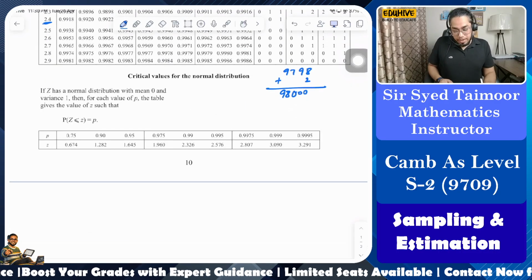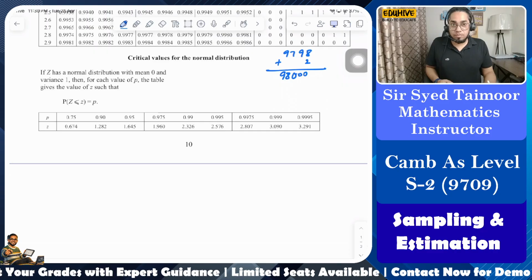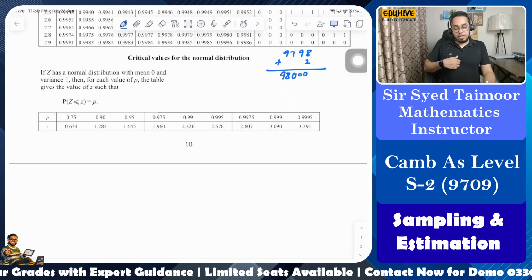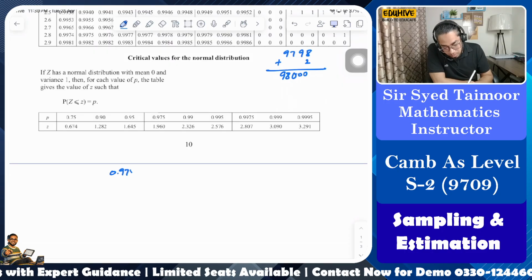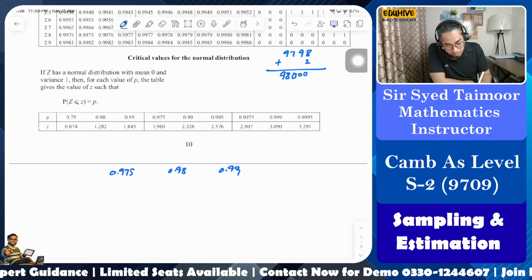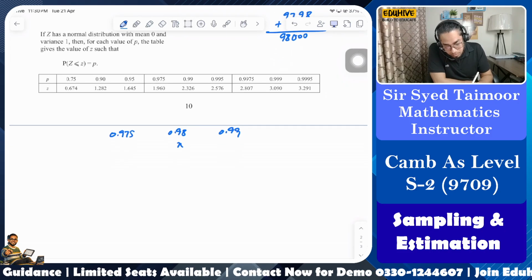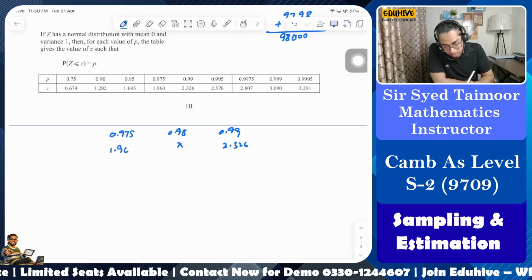Okay. And there is also the way for the interpolation. Do you know that? Interpolation. This is a node and this is 1.96.